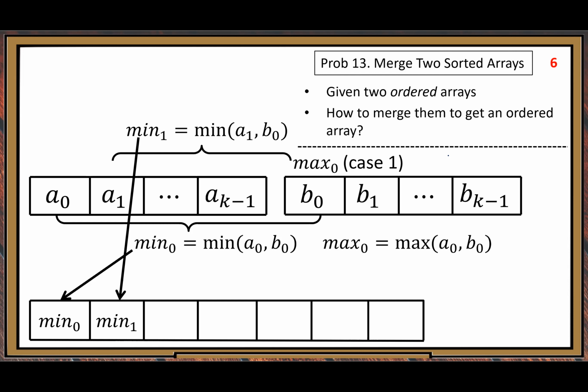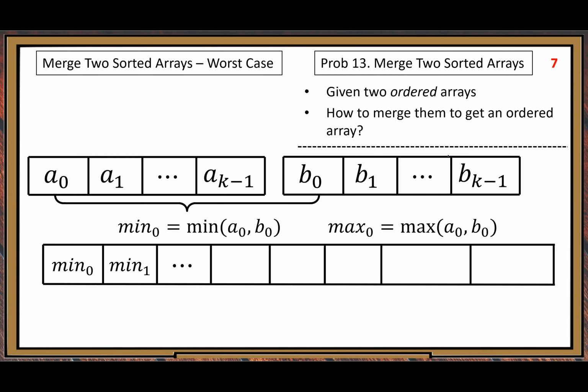But min 1 could be B0. Whatever it is, if min 1 is B0, then max 1 will be A1, so the next time we need to compare A1 and B1, and so on. We do this until we reach the end of the array.